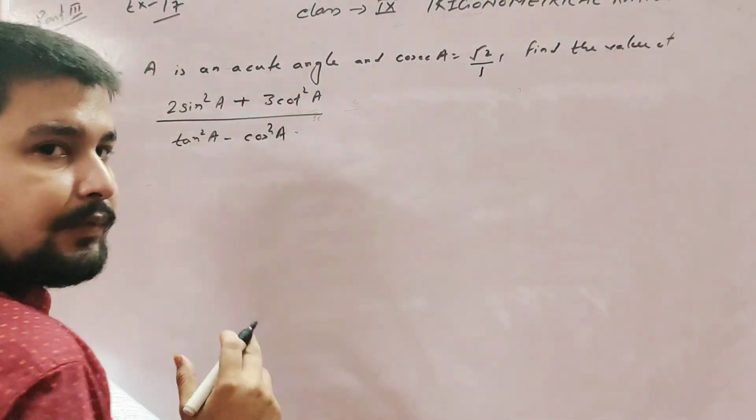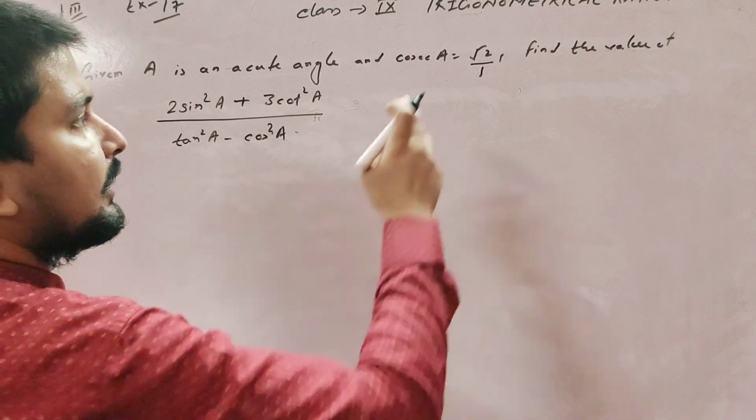Root 2 denominator we write 1, because anything divided by 1 is the same number, it's getting itself.